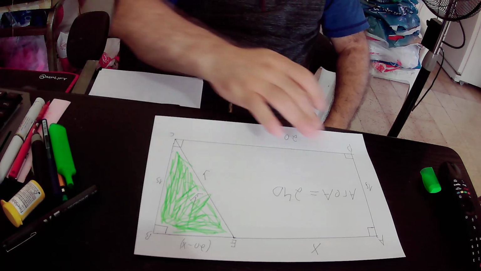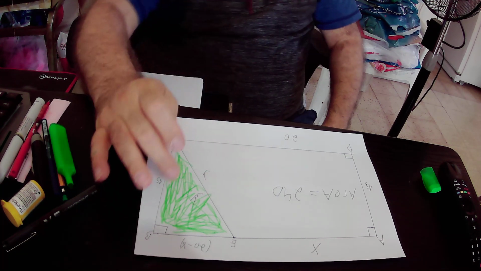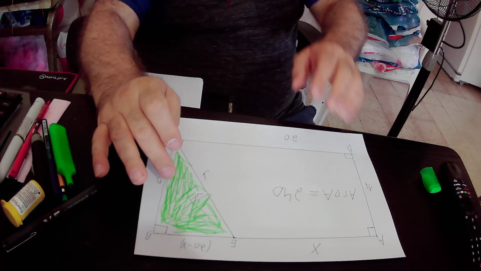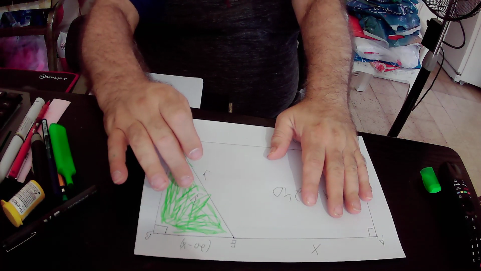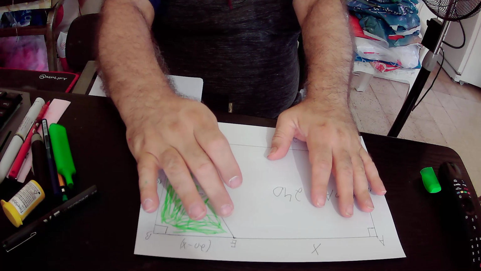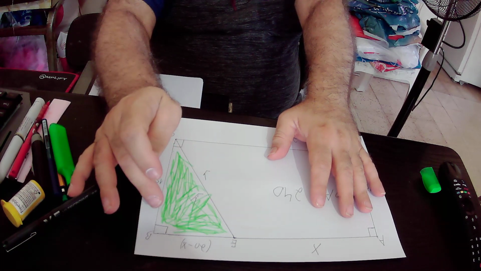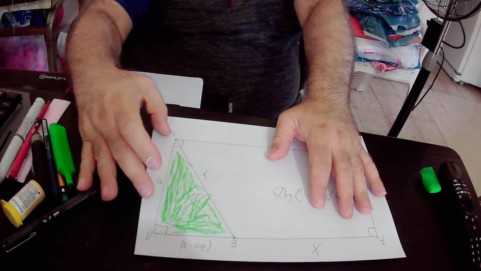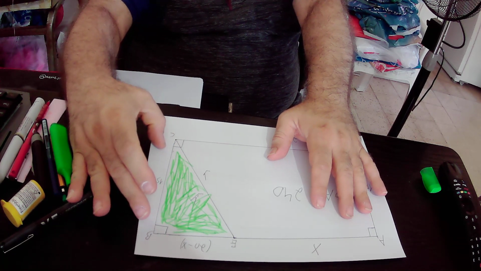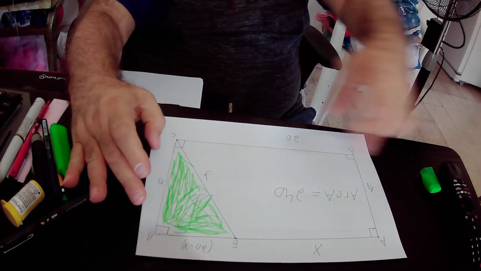ABCD is a rectangle that we created from the shape that was given to us. We continued the side AE until point B, and then we drew a straight line between points B and C and created the rectangle ABCD.